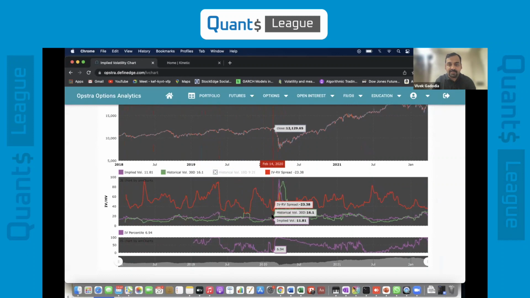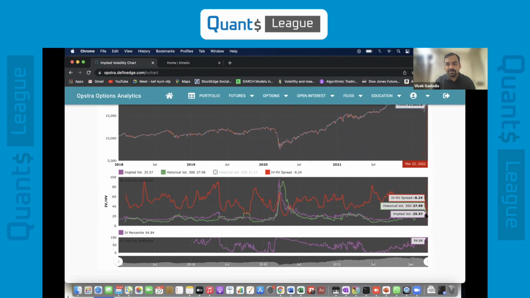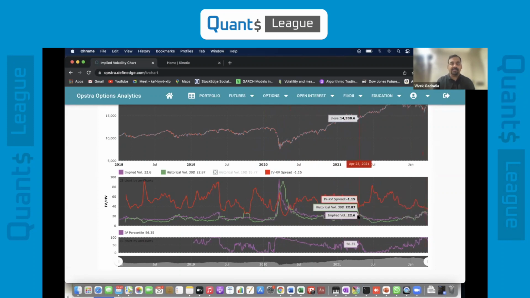Sometimes it can go to an extreme, very high value, like in the crash of COVID, that spike you see here, where the IV went to about 95, and then it reverted back and is right now in the region of about 25.